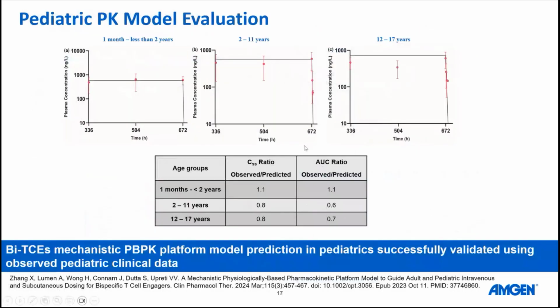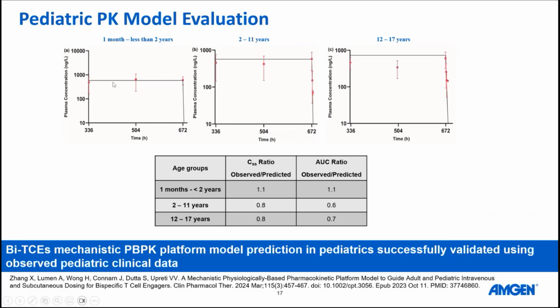So this is part of the model validation. What I'm showing here is for our first generation of bi-TCE. We have the clinical data for 1 month to less than 2 years old subjects, 2 to 11 years old, and 12 to 17 years old subjects. The red dots on these plots are the clinically observed data for these pediatric age groups, and the solid lines are the model-predicted PK profiles.